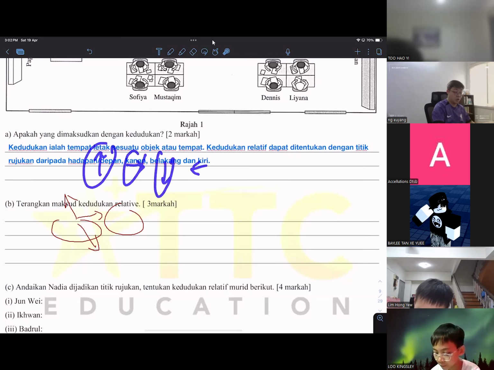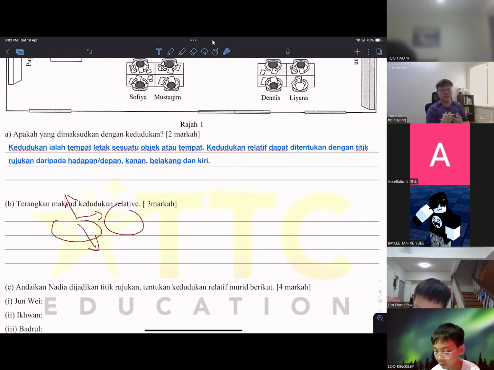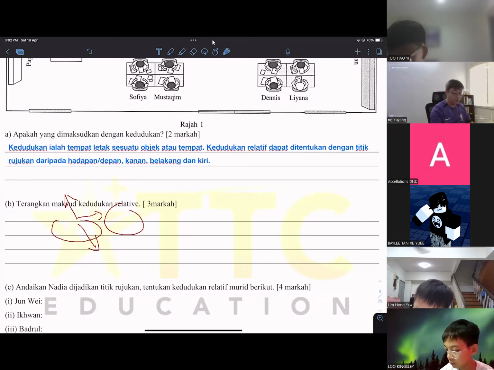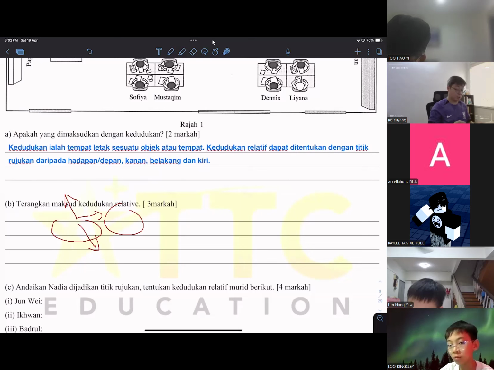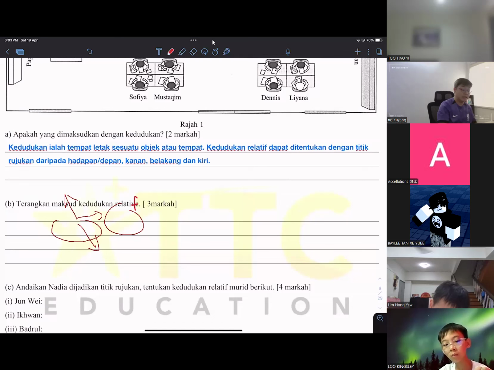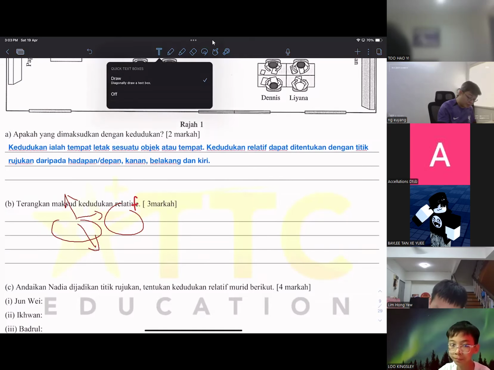Okay, so this is all your kedudukan relatif. That's my own preference. If you want to mention hadapan, belakang, kiri, kanan, yes, you need to follow my preference if you don't like my method. Done. So what's kedudukan relatif? So kedudukan relatif, 3 marks.